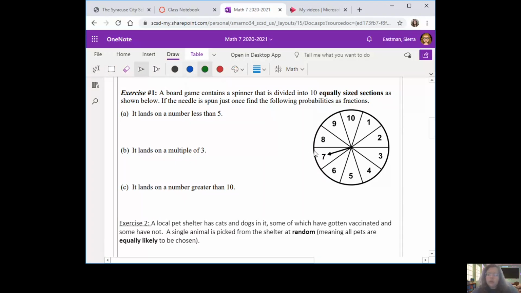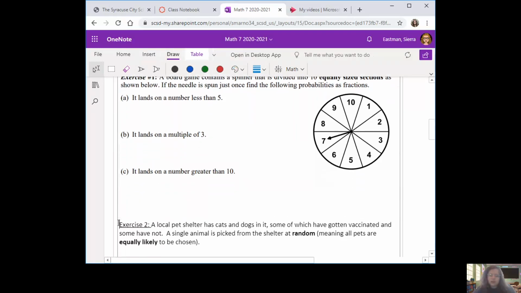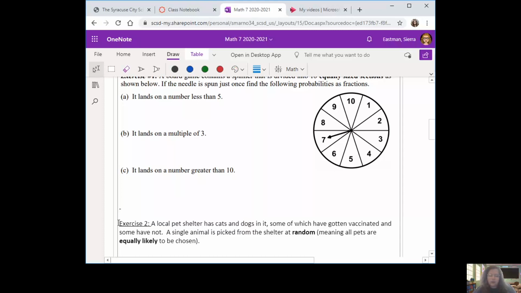So what I'm gonna do here, I'm just gonna describe that sample space that I was just talking about, just so you guys have that extra note if you need it. The sample space, this spinner, or why this is underlined, let me change that.